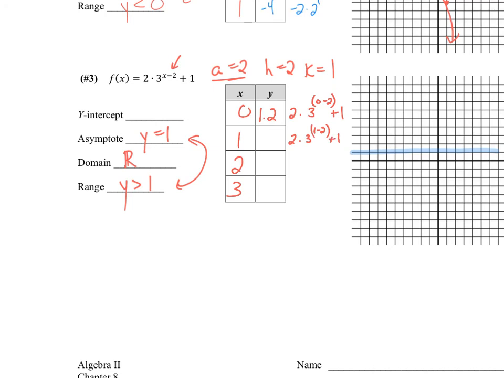Then you plug in 1. You should get about 1.7. Then you plug in 2. If you plug in 2, you should get 3. Then you plug in 3. 2 times 3 to the 3 minus 2 power plus 1, you should get 7.